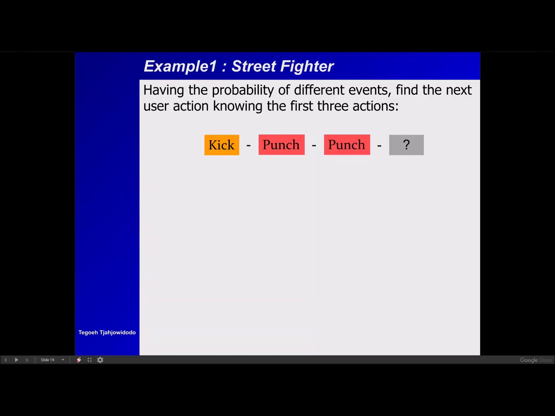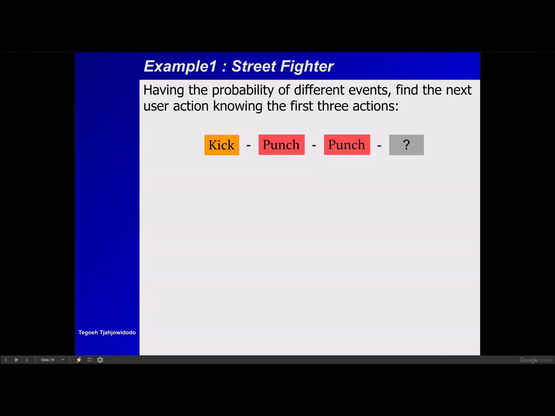Now, if I know that that player is doing kick, punch, punch, I want to estimate the fourth action. What will it be?